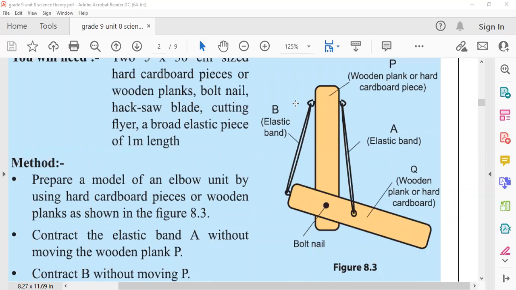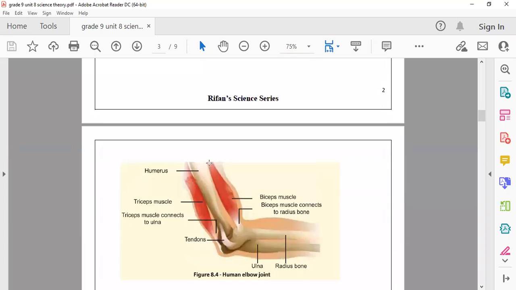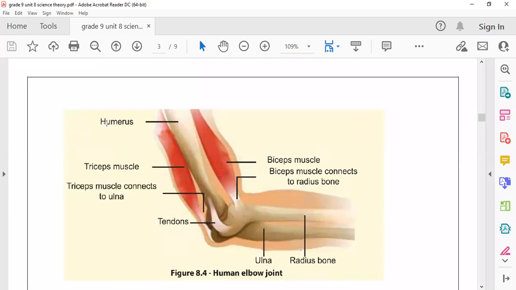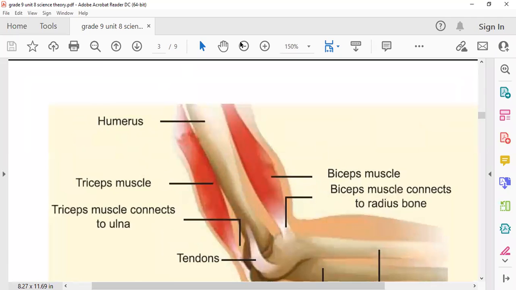Using this one below, same idea, the picture is given to you. The upper arm. What is the upper arm bone called?